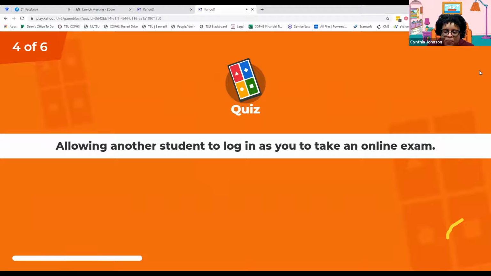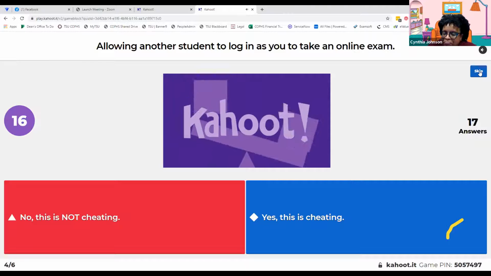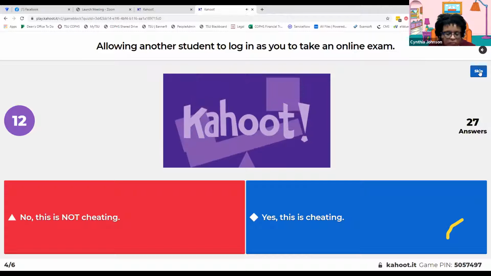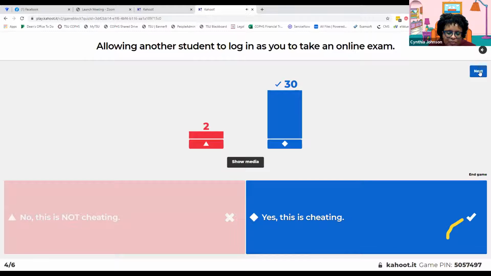Question 4. Allowing a student to log in and take an online exam as you. Right. These are some really straightforward scenarios.